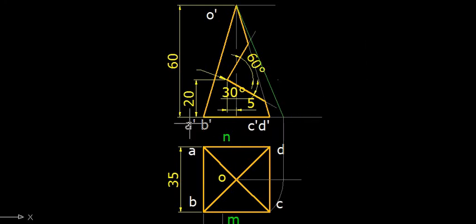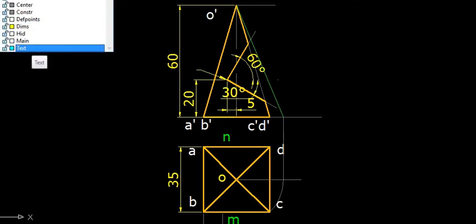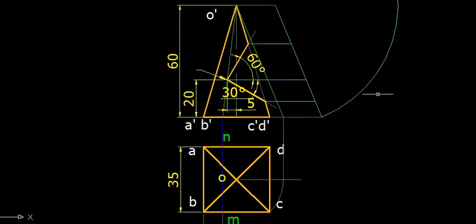Okay, so either you can draw the arc starting from this point itself, on this green line itself, but if you draw it so, then the figure becomes a bit clumsy. So instead of that, we are going to copy this line slightly away, and on that line we are going to draw the arc.